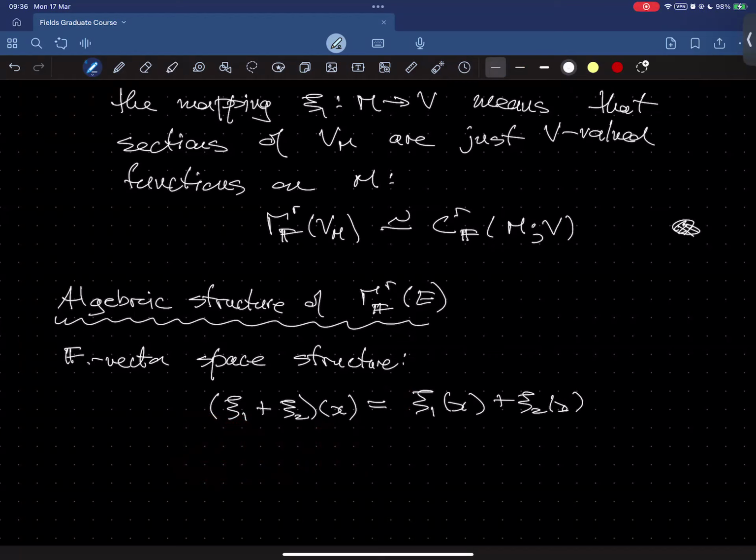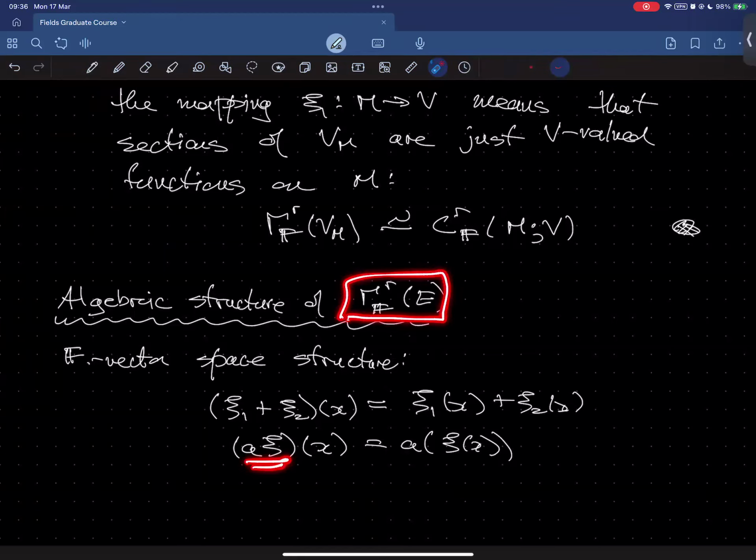And of course the same holds for scalar multiplication. Here I'm defining scalar multiplication, and here I'm using scalar multiplication in the fiber.